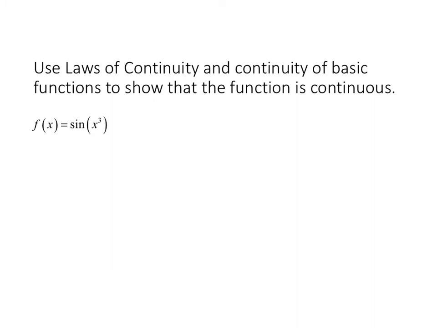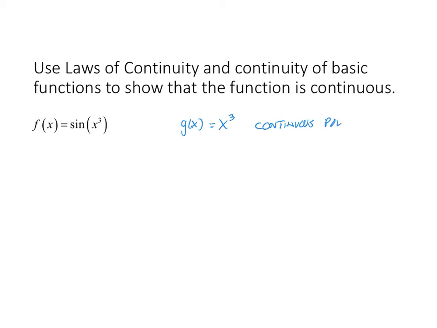So we're going to be a little precise in showing that something's continuous. In practice, we'll just look at this function, for example, sine of x cubed, and just know it's continuous. But it's kind of nice to take the basic laws that we've learned and see why we can say that something like this is continuous. So let's break it down to the smaller pieces. We know that, let's call x cubed g of x. And we know that's continuous because it's a polynomial.